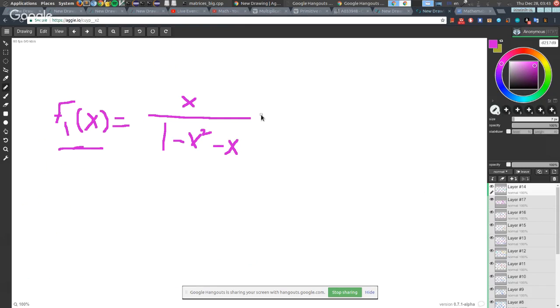This we try to decompose into two parts.